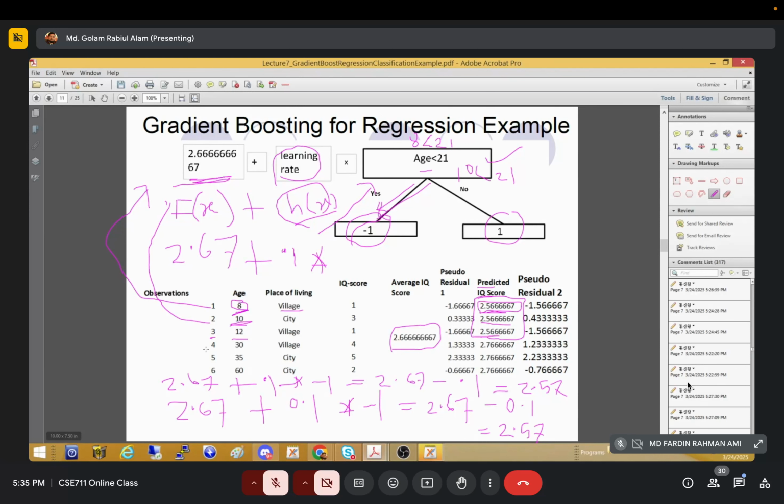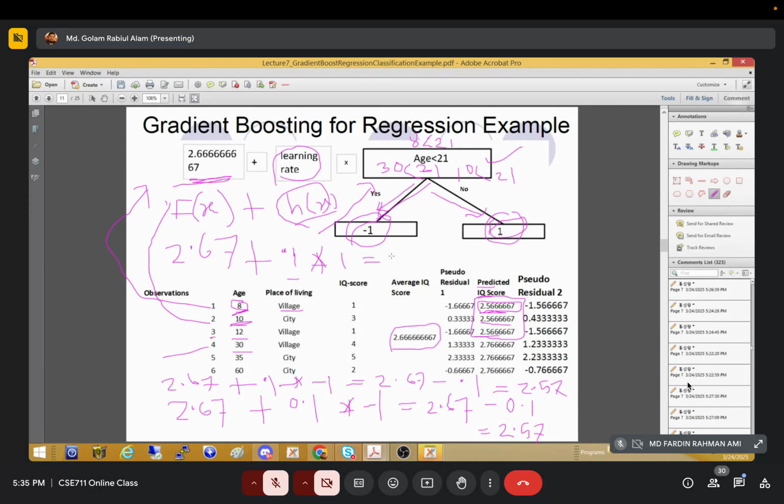Then if we pass the next one, that is 4, and age is 30, in that case it will be 2.67 plus 0.1, and then we will check whether 30 is less than 21 or not. This is false, so we have to move in this direction, and then we will get 1. So that means 0.1 times 1.